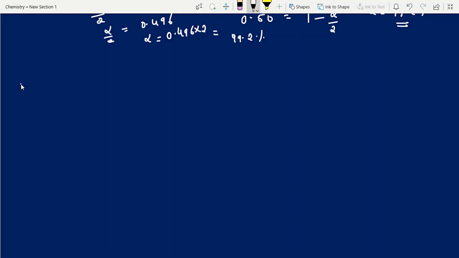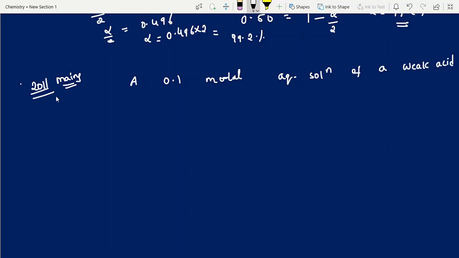2011 main question. A 0.1 molal aqueous solution of a weak acid is 30% ionized.